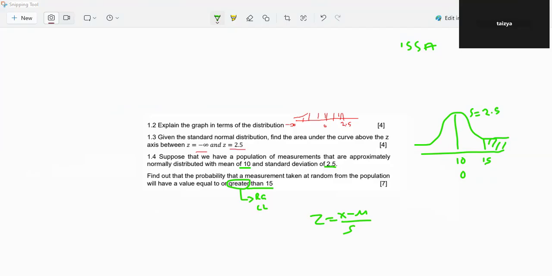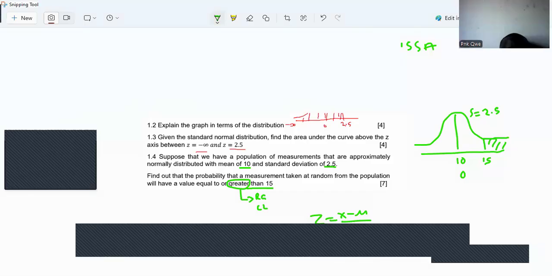So x will be 15. Then the mean, mu, will be 10. So what are we getting there? 5 divided by 2.5.